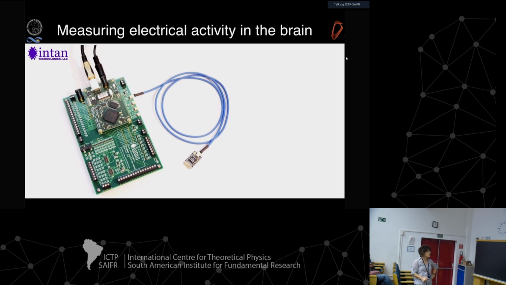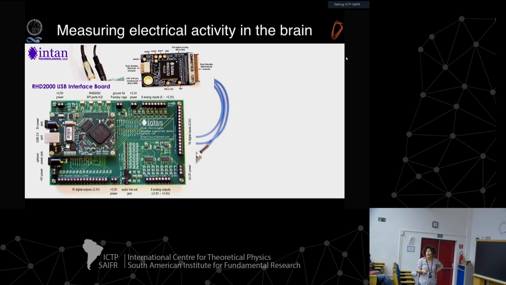Why? This is what I have, so I will tell you what I have, but now you have so many companies that you can choose, and they are all the same idea. Actually, Intan makes the chips. Then you have Open Ephys, for example, the cheaper version, so they get the chips and make cheaper things.